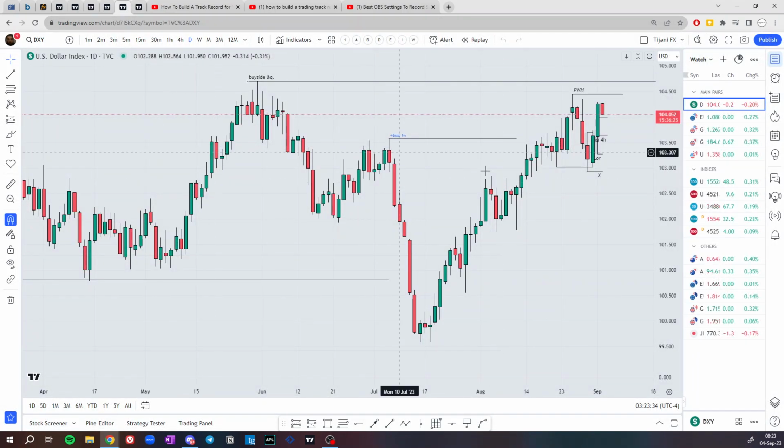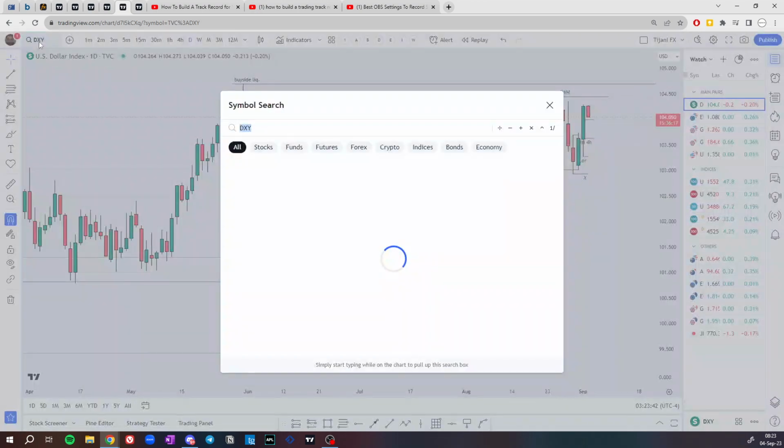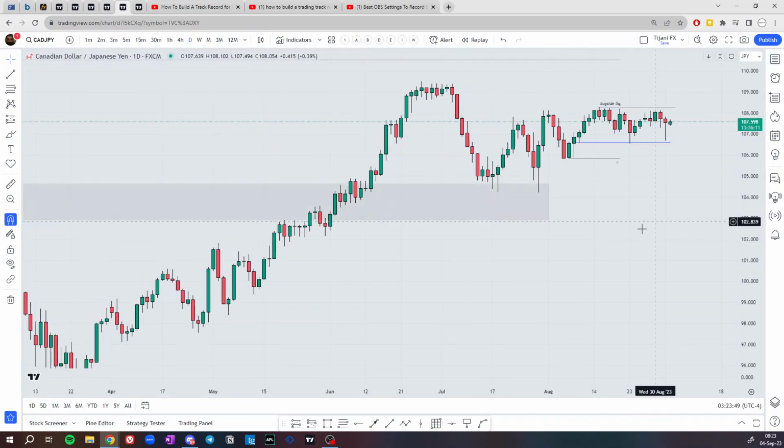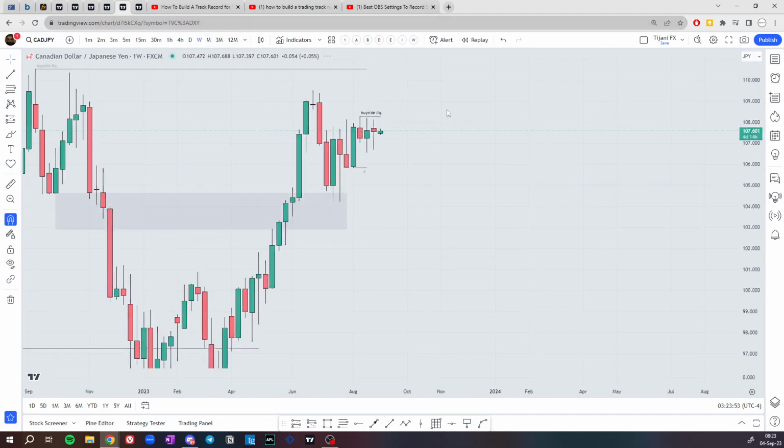So for the CADJPY chart, like we said, GBPJPY is bearish, so I'm expecting CADJPY to be bullish as well. So where is CADJPY? On the monthly time frame, what do we see?